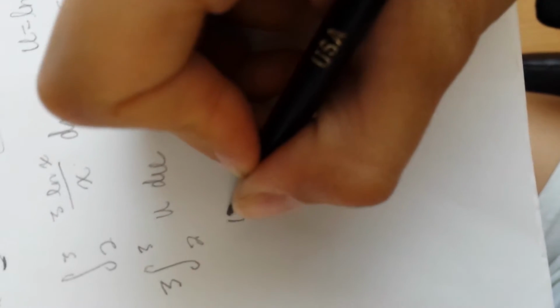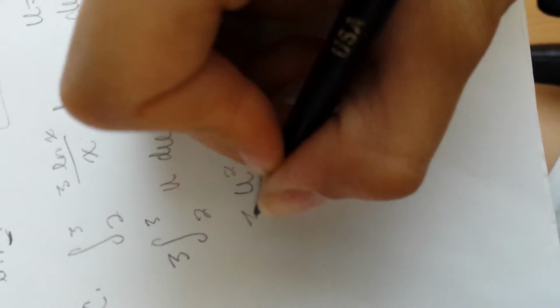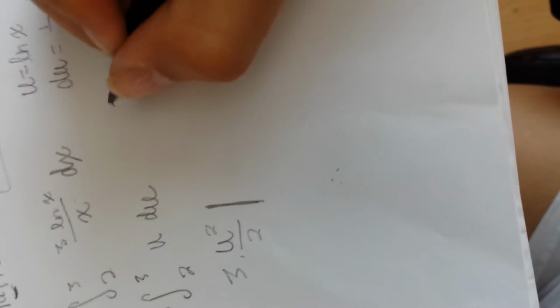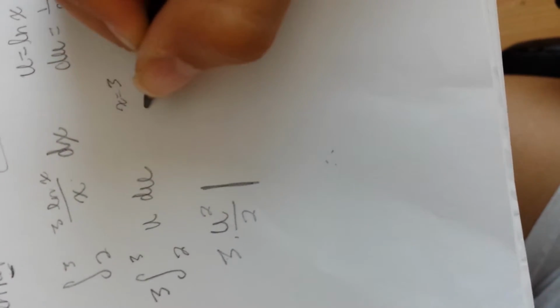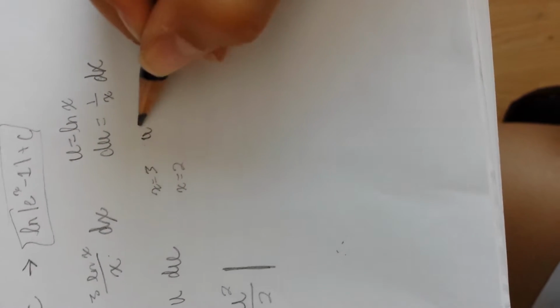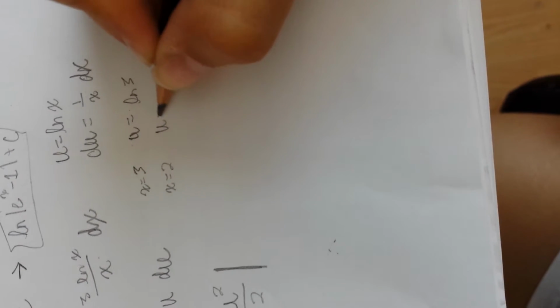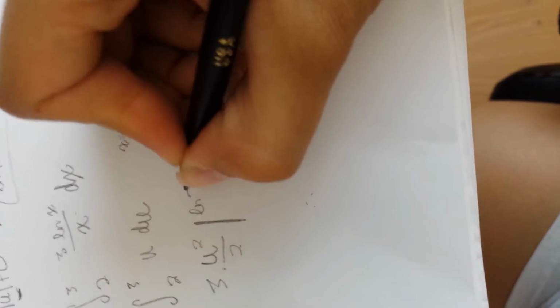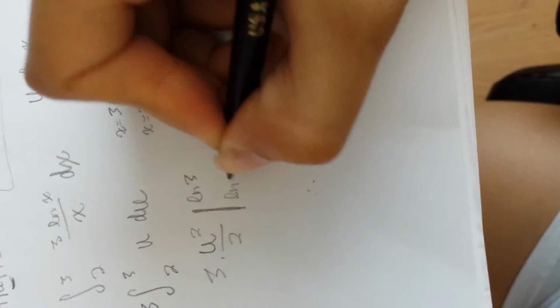So you have your u squared over 2 times the 3, and then you need to find new bounds, because these are x's. So x is equal to 3, x is equal to 2. What you do is you plug them into this u equation, so then you get u is equal to ln 3, u is equal to ln 2. These are your new bounds, yay! Okay, ln 3, ln 2.